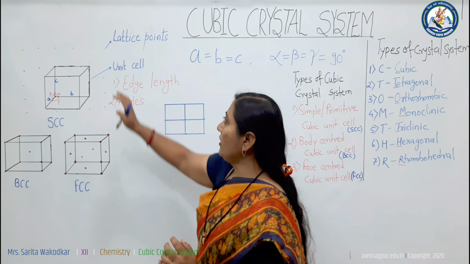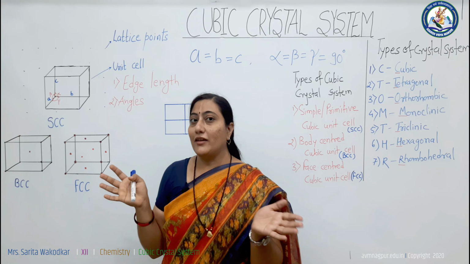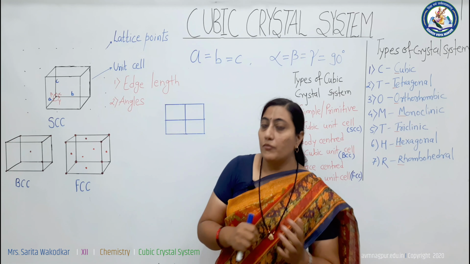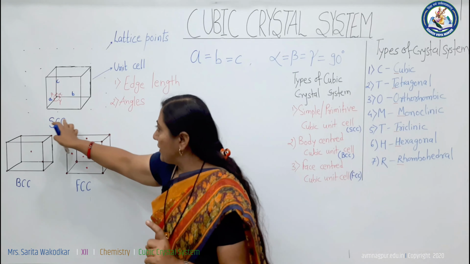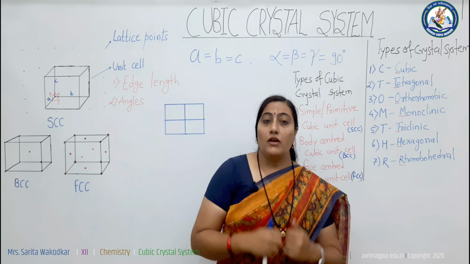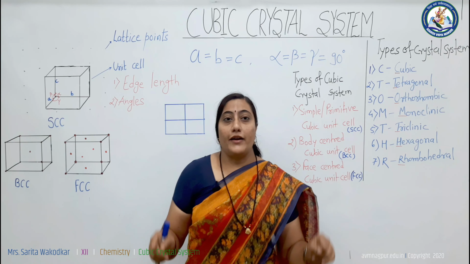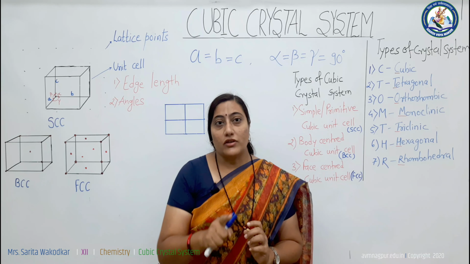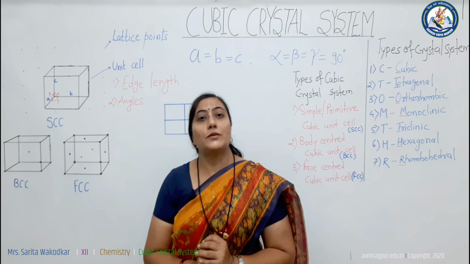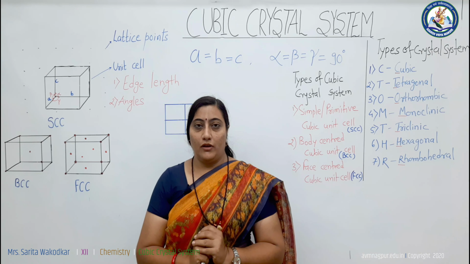Now, you may be thinking about what is meant by crystal lattice, because if we repeat this structure so many times, we get a giant structure, and that structure is known as crystal lattice or space lattice.